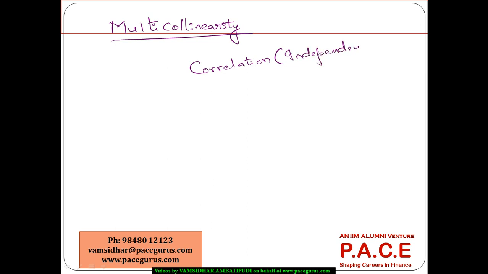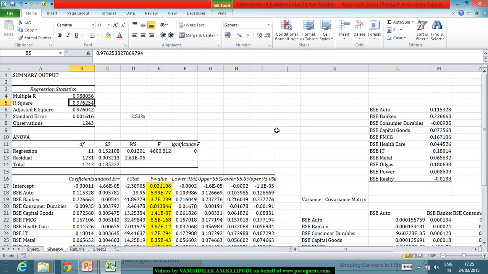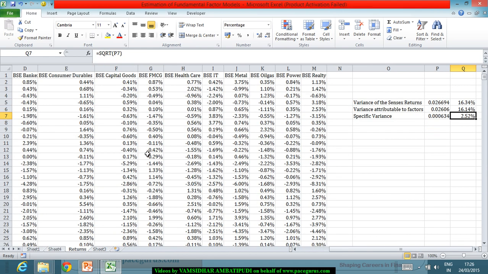Whichever variables I am taking as independent in a regression model, the correlation existing between them.